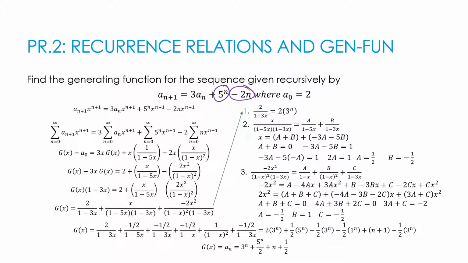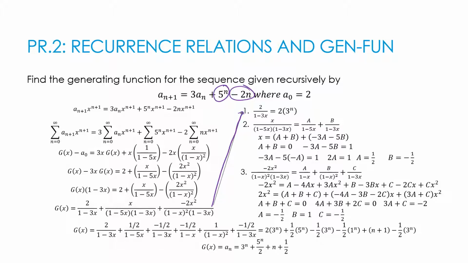And once I got down to here, that's when I started using partial fractions to solve for A, B, etc., etc. So if you'll notice, I actually had to do it a couple of different times. So why did I have to do it so many times?